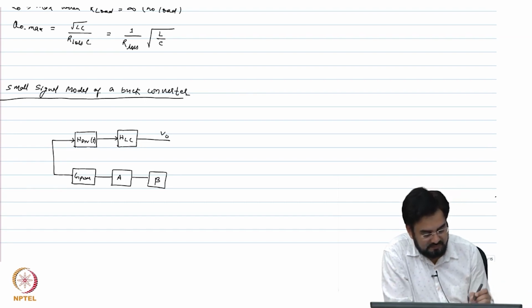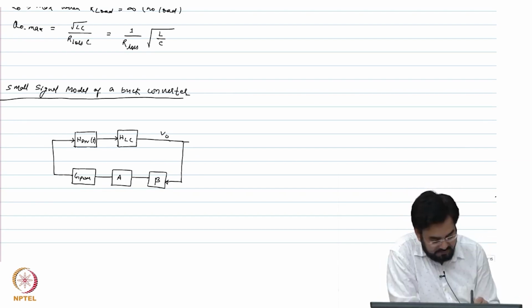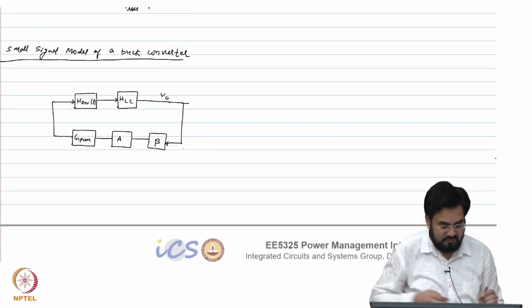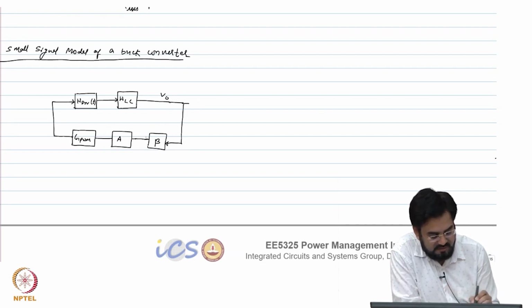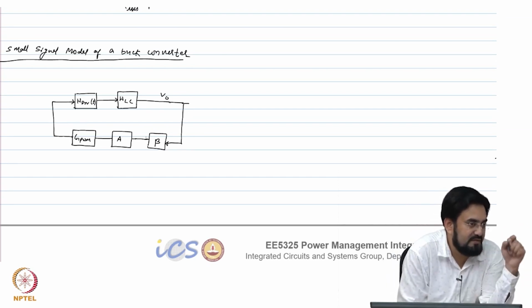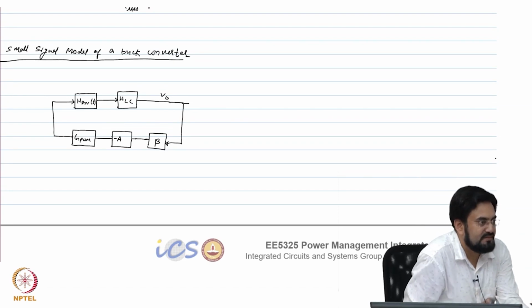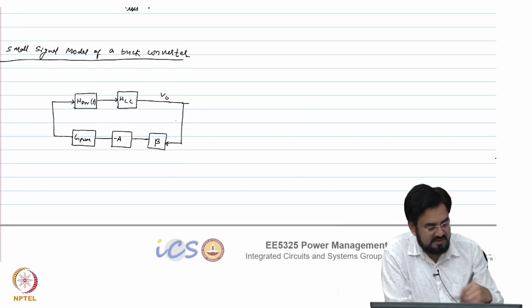Beta. Okay. Since we were feeding the feedback voltage to the negative terminal, this will become minus A. So negative feedback. So this is your small signal model.